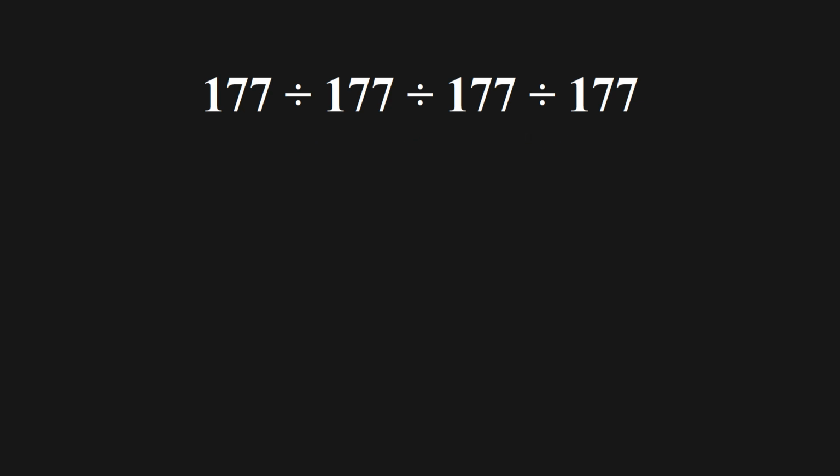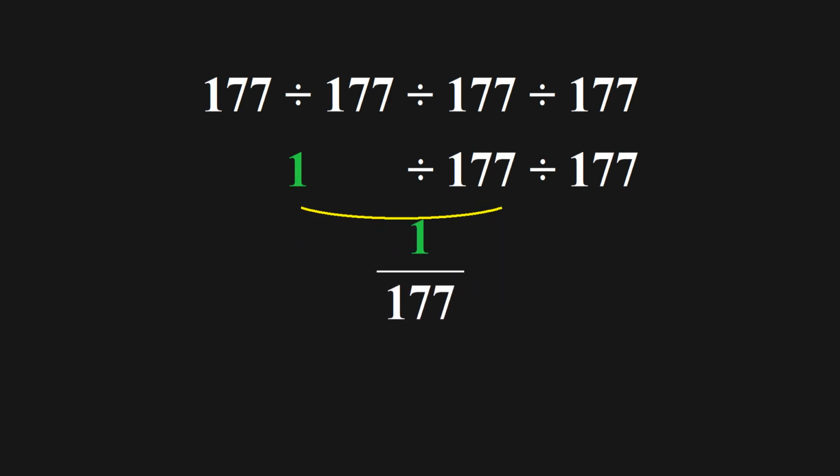So we have first this division, 177 divided by 177 equals 1. So we have 1 divided by 177 divided by 177, and we can write this part as 1 over 177 divided by 177.